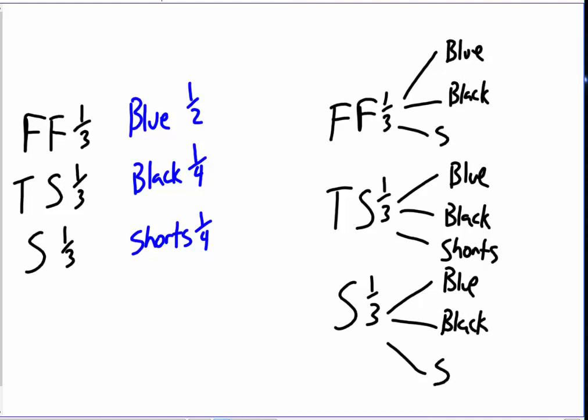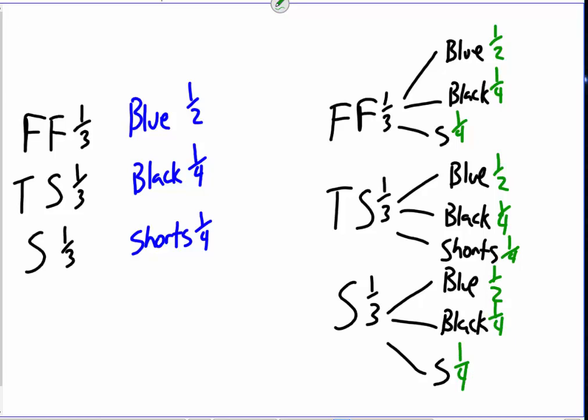Okay? And each one of those probabilities is already spelled out to us. And so it's 1/2 there on all the blues, 1/4, 1/4, 1/4, 1/4, and 1/4 and 1/4.